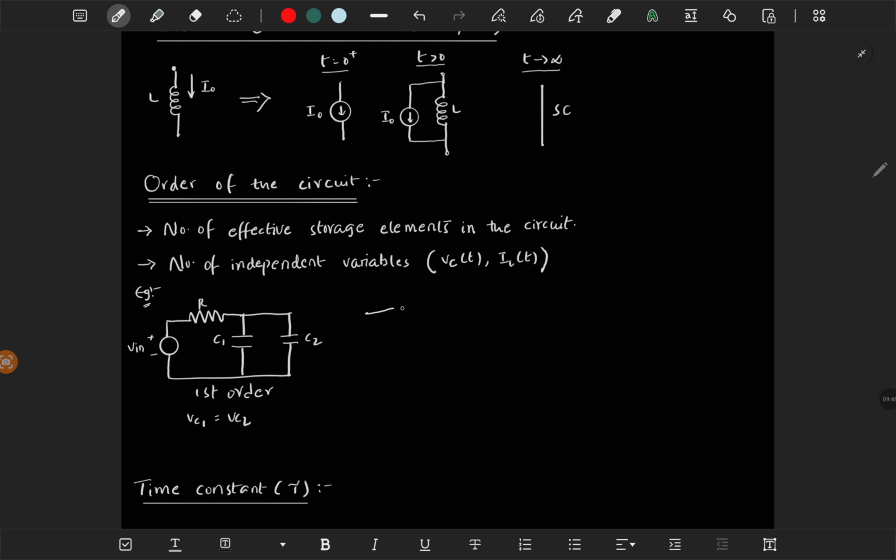And a series RLC circuit: is this a first order or second order?